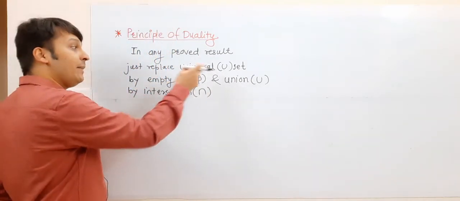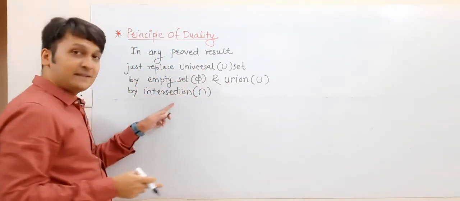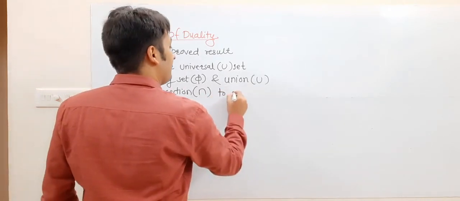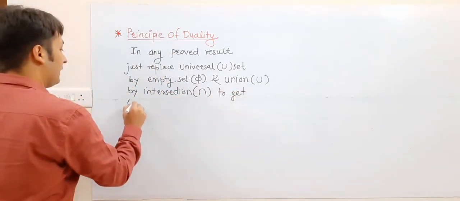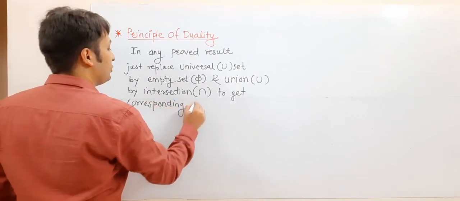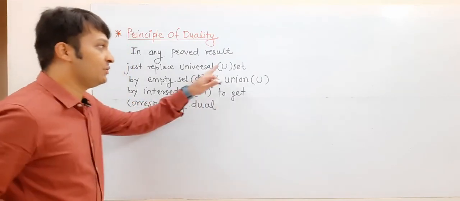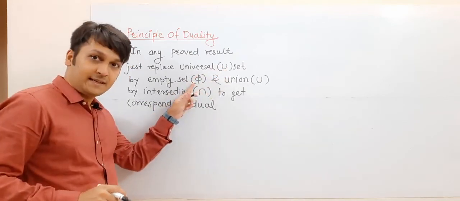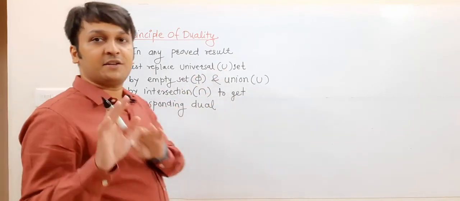Replace universal by phi and union by intersection to get the corresponding dual. I repeat, replace universal by phi, the empty set, and union by intersection to get the corresponding dual.